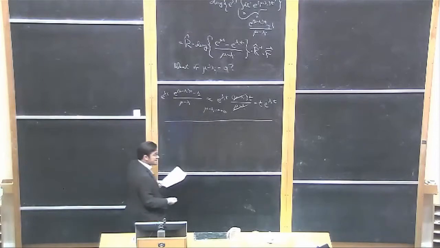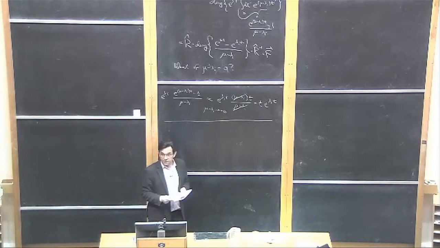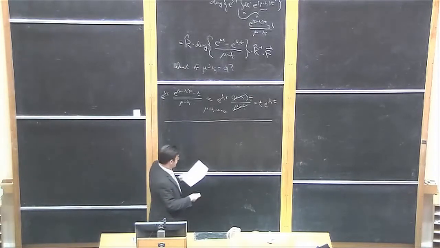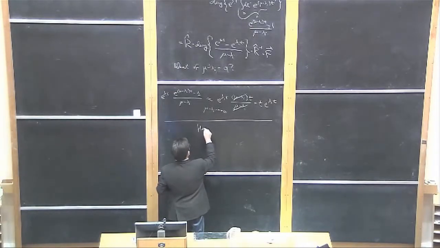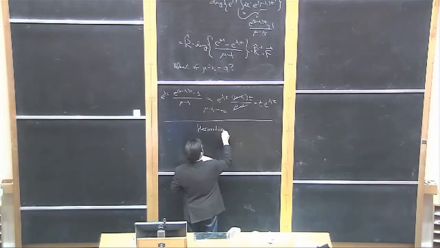There is one particular case of systems for which dealing with this is particularly easy, and those are Hermitian matrices. So Hermitian systems.